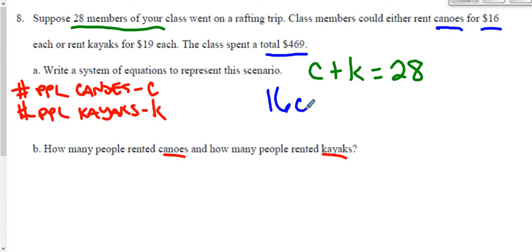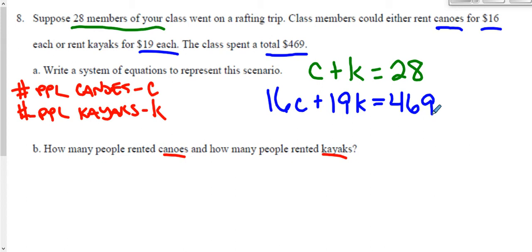Kayaks are $19 each, so $19 per number of people in kayaks. The total amount of money spent is $469, and I get that by adding up how much I spent on the canoes and kayaks: 16C + 19K = 469. That's our second equation for our system, and it's about money.